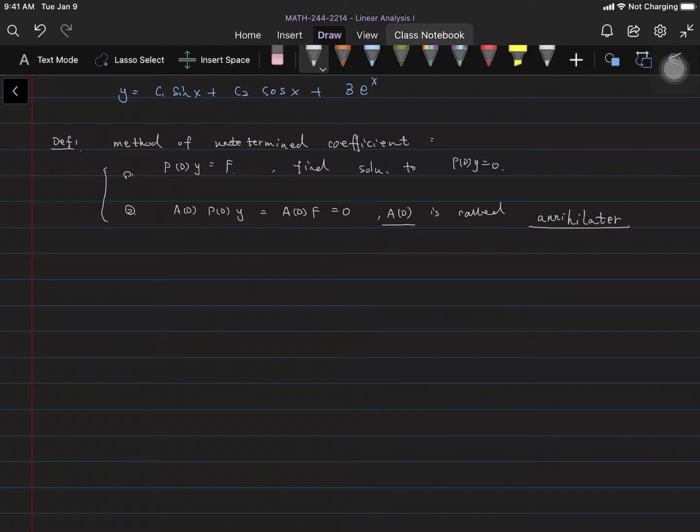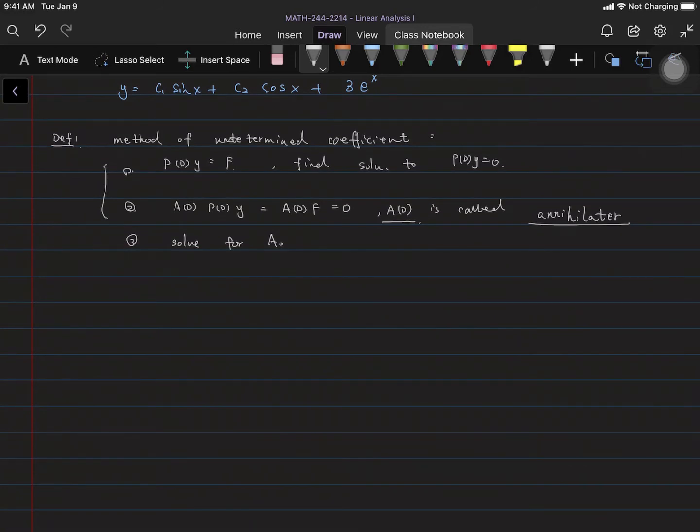Okay, A(D). So let's see. And then we solve. Third step, we solve for A naught. Okay, so this is the procedure, or it's called the definition of the method of undetermined coefficients.